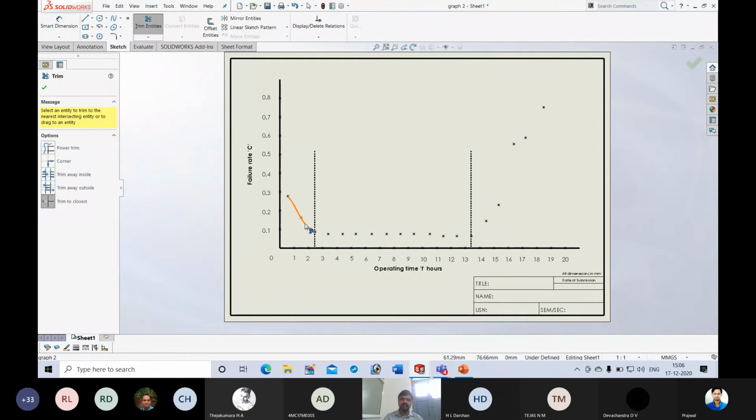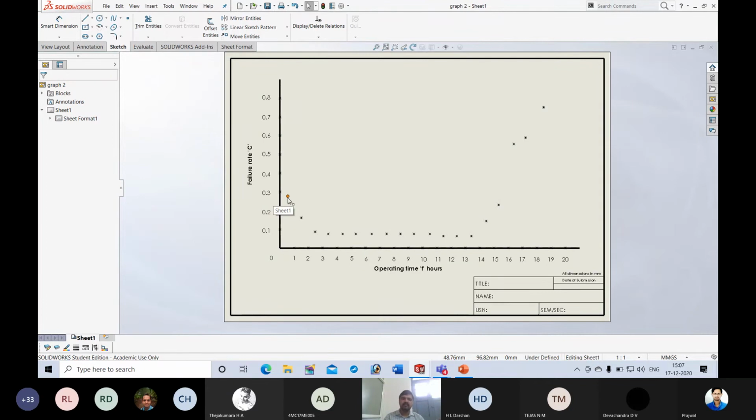Like this you can mark the points. For 0 to 1, the value of C is 0.286. I have marked 0.286 here. On the x-axis you have to consider the midpoint of 0 to 1, and on the y-axis the value of C, that is 0.286.